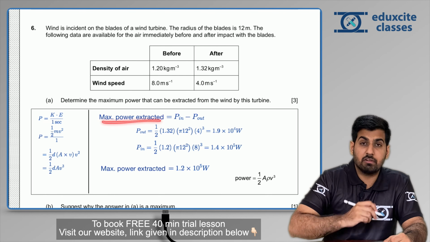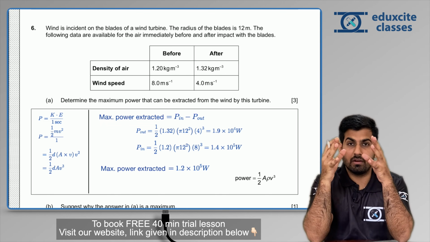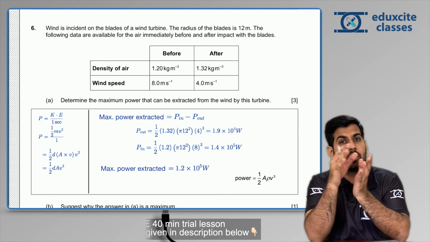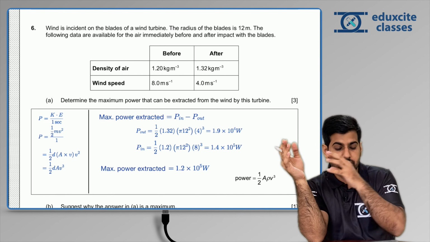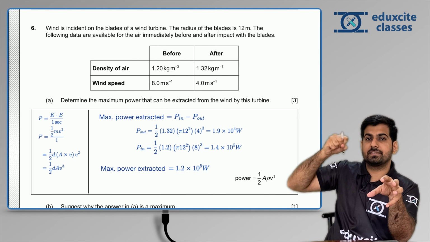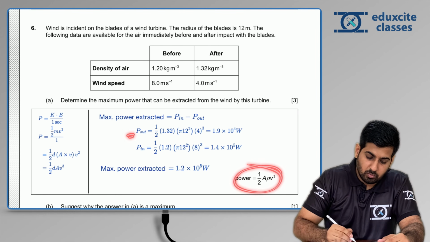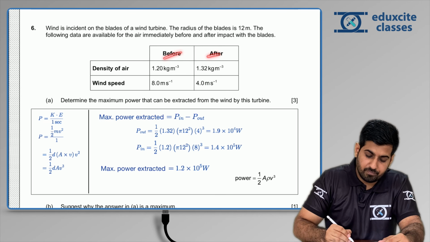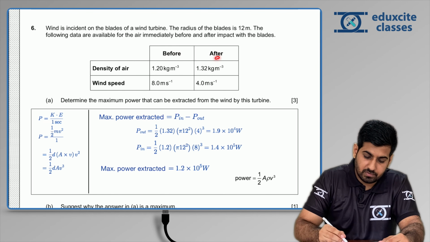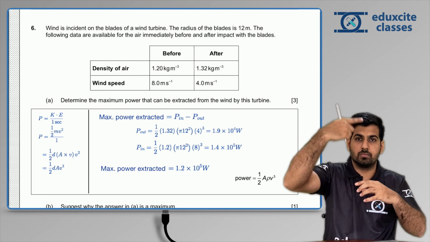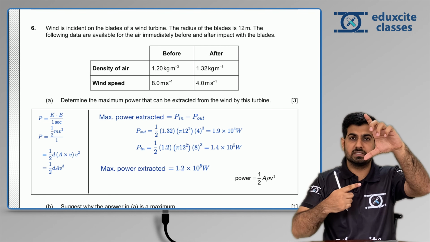So the maximum power extracted is the power input minus the power output, and that will be the maximum power extracted from the wind. Using this formula for both before and after, the power out is with velocity after.